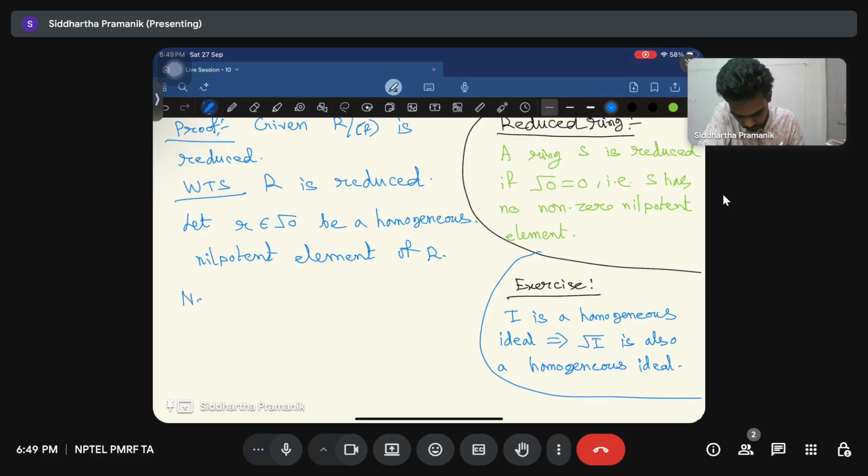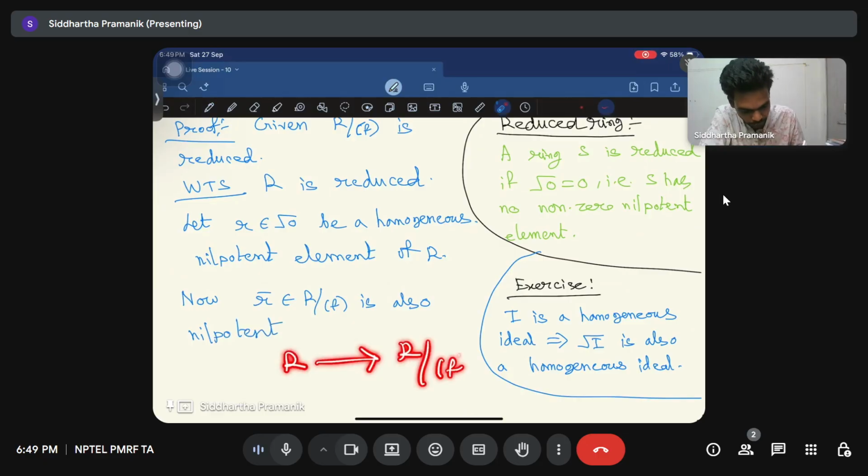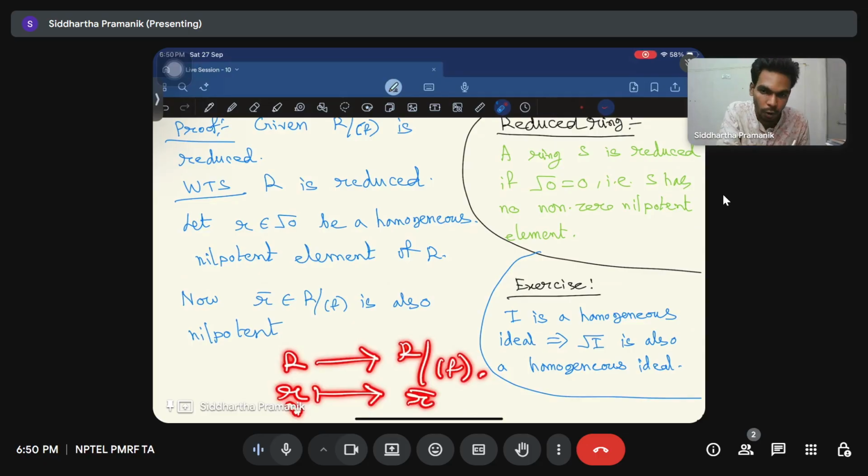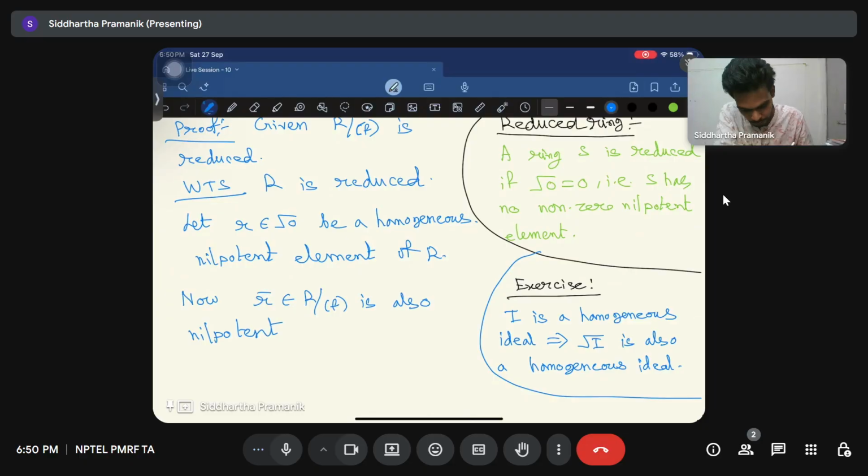Now r bar, belonging to R mod F, is also nilpotent, right? Because from R to R mod F we have a ring homomorphism, so r goes to r bar. So r is a nilpotent element, and its homomorphic image is also nilpotent. But R mod F is reduced, so this will imply r bar has to be 0 bar.